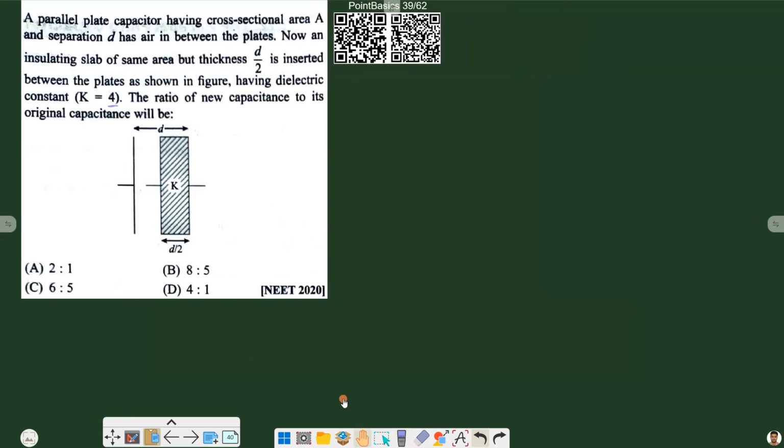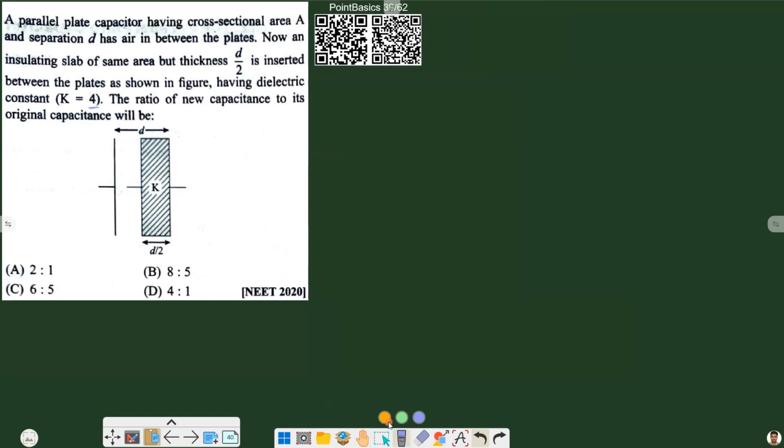So let's start. Suppose this is our initial capacitor. It has area A and separation D, and there is no dielectric material inside the plates, meaning only air is there. So in this scenario, original capacitance C node will be given by epsilon node A by D.